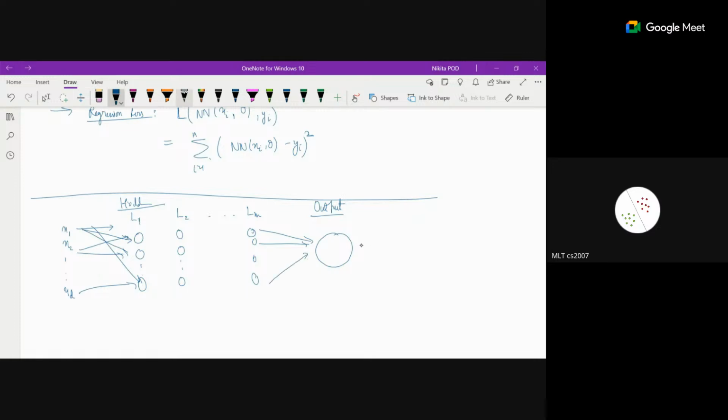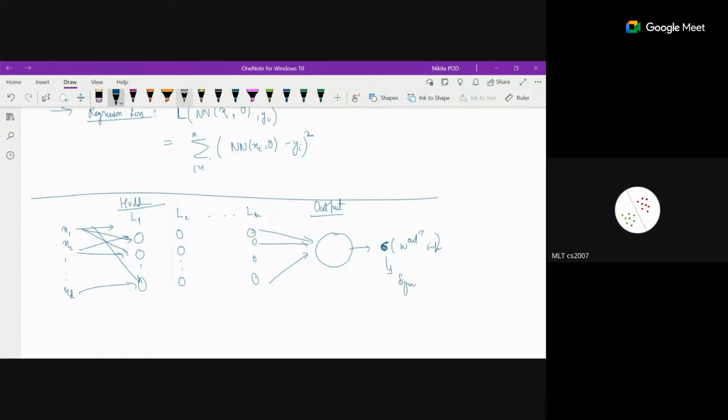The output will be sigma of w_out transpose of all the inputs that you have. So the inputs will be all the weights times all these data points. So we can just write it as some I or inputs. This is the output that we are going to get.